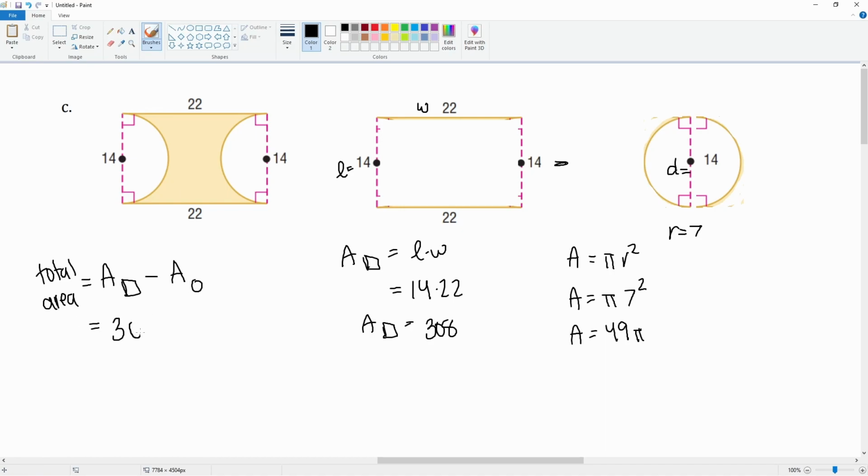So it is 308 minus 49 pi. This is a good answer, that's the exact answer, but if you want to compute it, 308 minus 49 pi gets you roughly 154.06196 for the area. All right, so there you go.